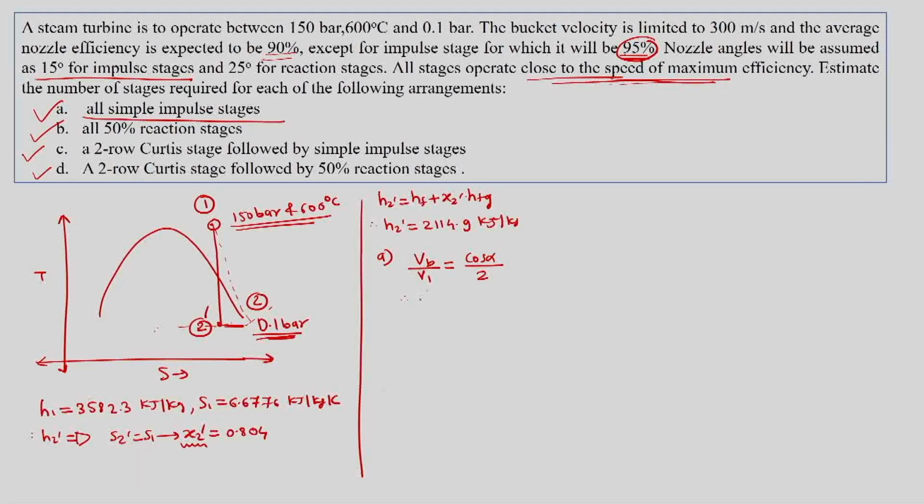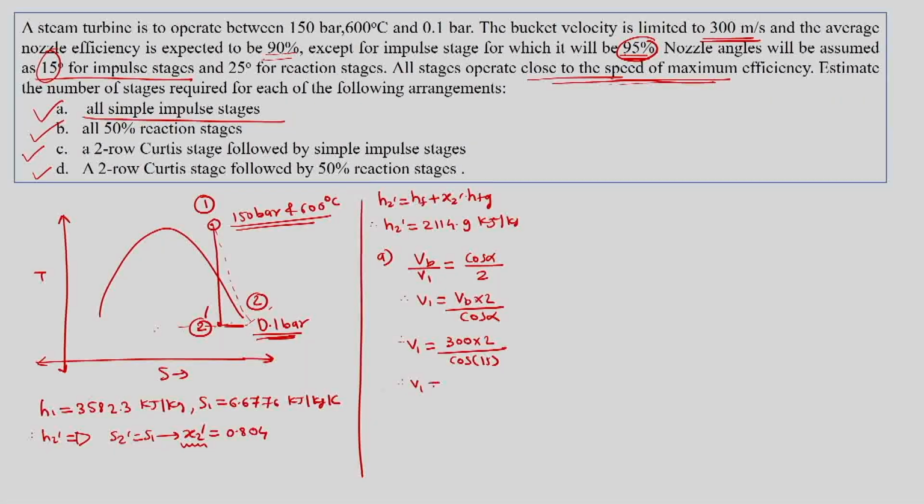So V1 is equal to Vb into 2 divided by cos alpha. We are told that Vb is 300 meters per second, so 300 into 2 divided by cos of 15, the angle being given as 15 degrees.